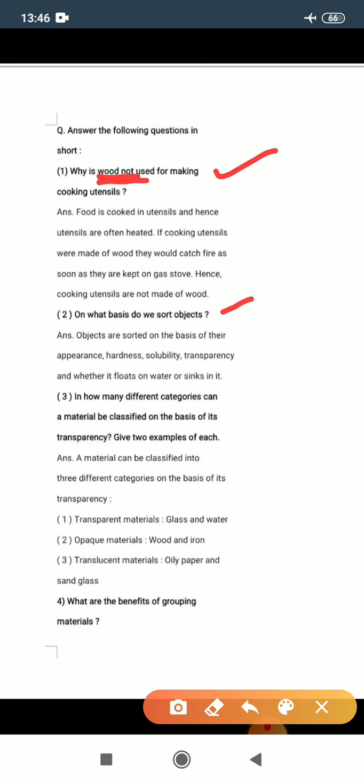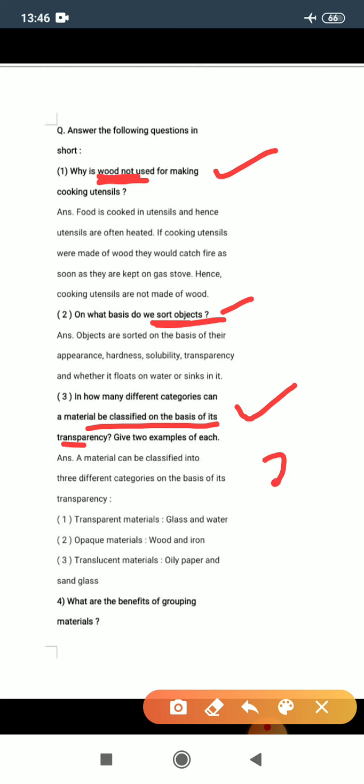Our next question is, on what basis do we sort objects? So simply you need to write properties of material: appearance, hardness, solubility, transparency, and whether things float on water or sink in it. And number 3 question is, how can materials be classified on the basis of transparency?